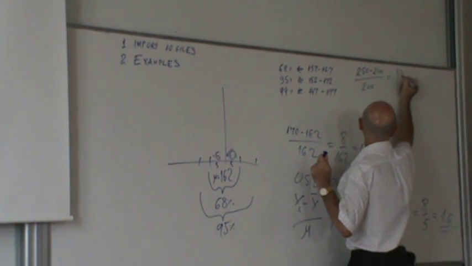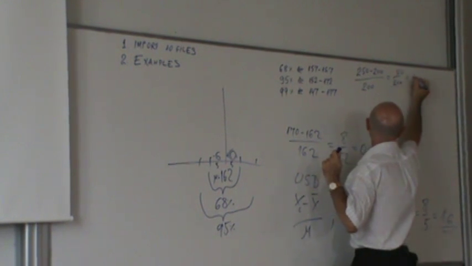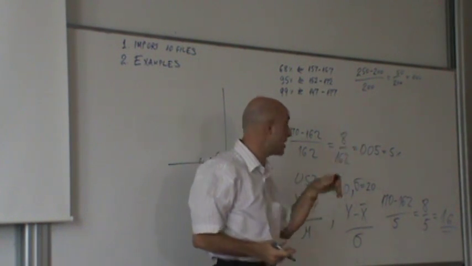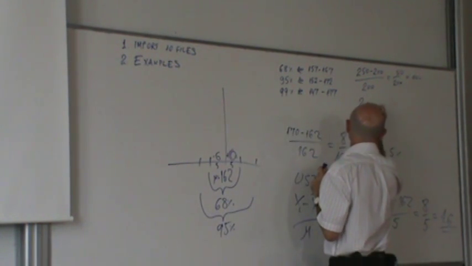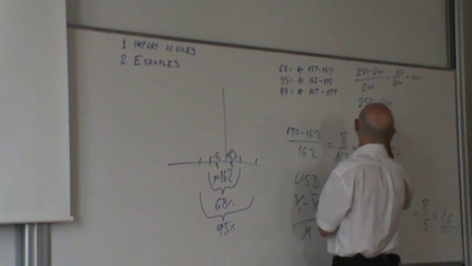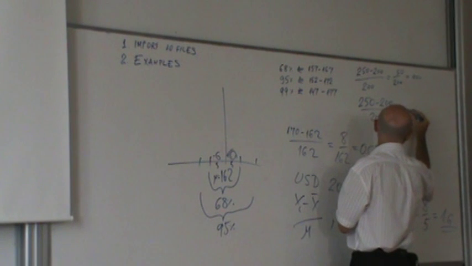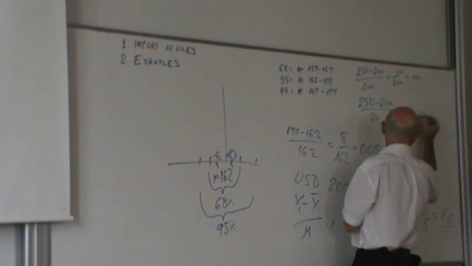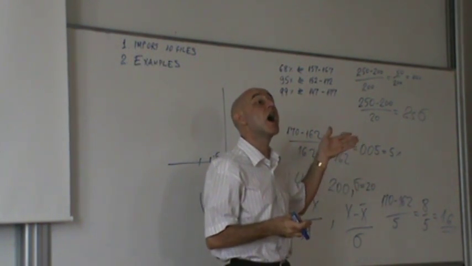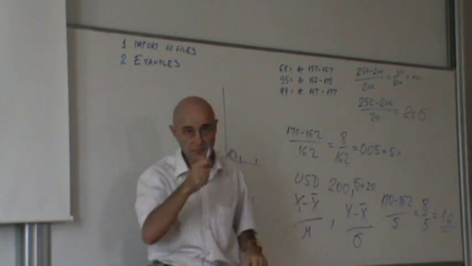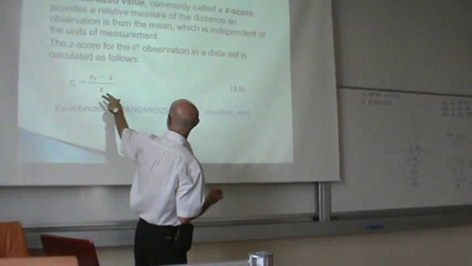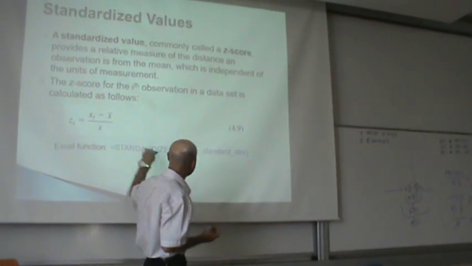So you're 50 over 200, that's 25%. So you're 25% above the mean. Or a different way to calculate is 250 minus 200 divided by the standard deviation, which is 20, and this gives you 2.5 sigmas, 2.5 standard deviations higher, okay? All right, so you can use both. Here, in this particular case, they use the standard deviation.